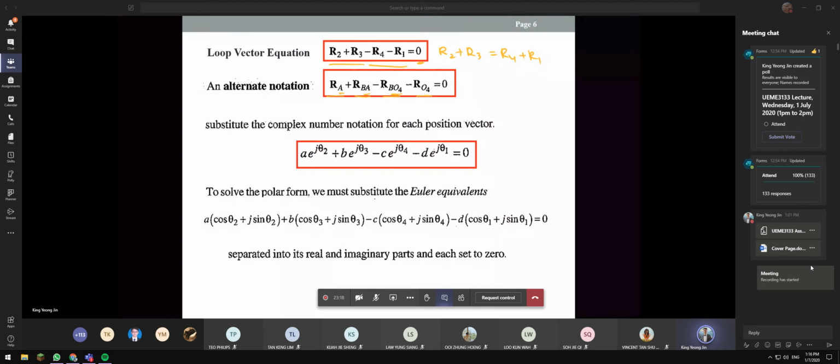So if you substitute the complex numbers, because these are vectors, each consists of a magnitude and a direction. If you substitute the complex numbers into these position vectors, that's why we get all these numbers here.